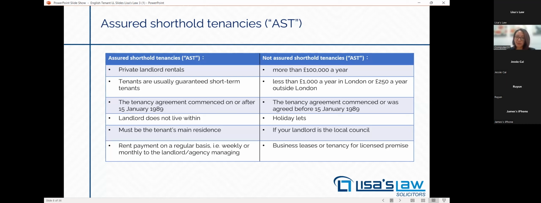Rent payment is on a regular basis, such as weekly or monthly payment, either to the landlord or to a managing agent. As for what usually does not constitute an AST agreement: if the rent itself is more than 100,000 a year, or if it's less than 1,000 a year in London, or 250 a year outside London.